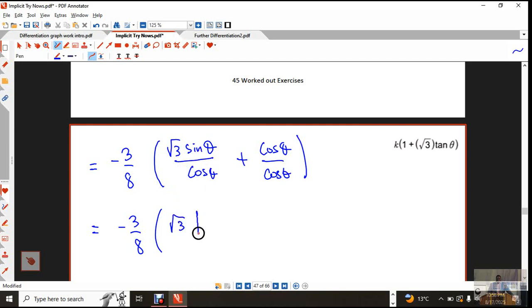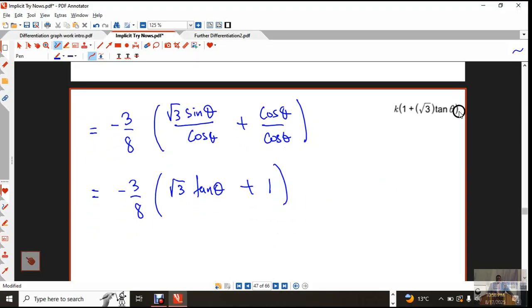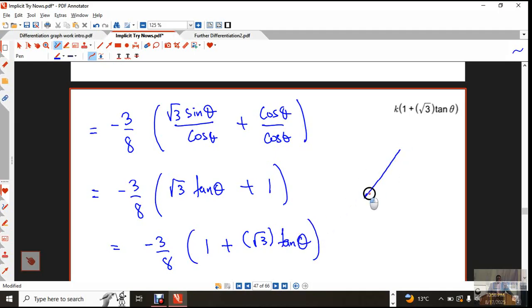Sine over cos is tan theta, and this is the same thing divided by the same thing is equal to 1. Okay, we are nearly there. We can just rearrange so that they can be in that form, where I have negative 3 over 8, and in bracket I have 1 plus the cube root of tan theta, and by comparison, k is equal to this whole value minus 3 over 8.